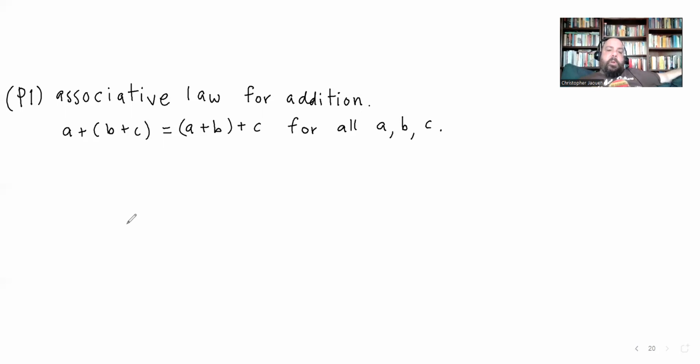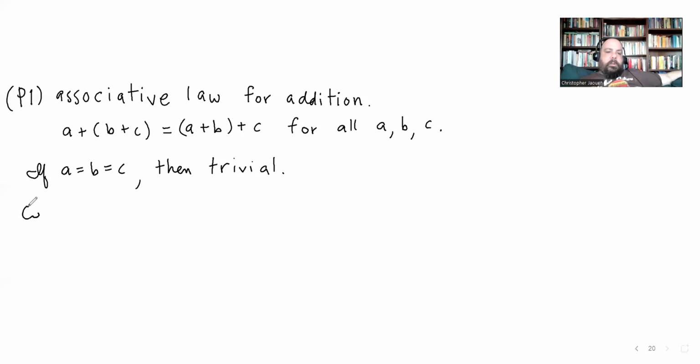I can skip the ones when A, B, and C are all identical. In other words, if A equals B equals C, then it's trivial. So let's deal with the cases where they're not equal.